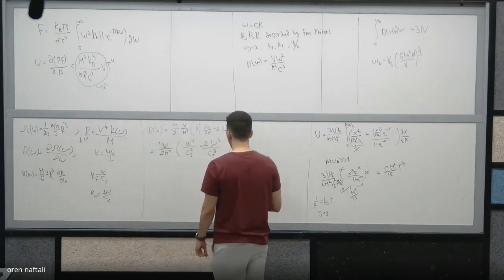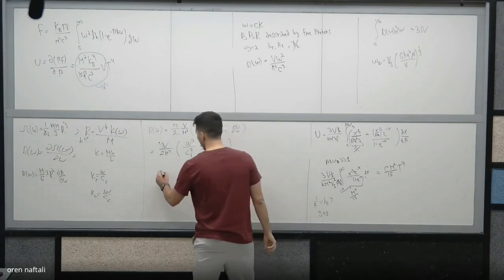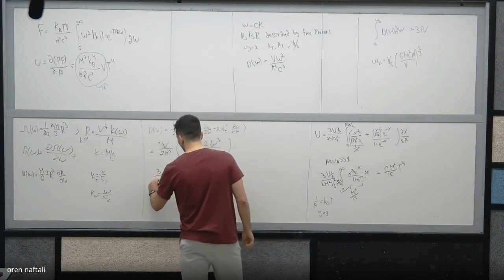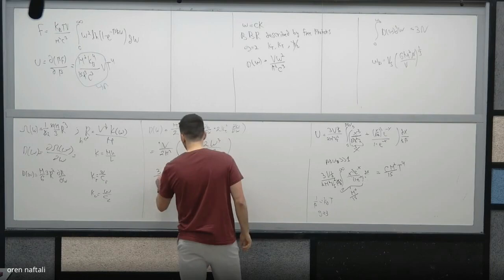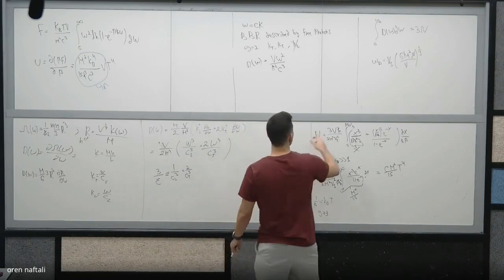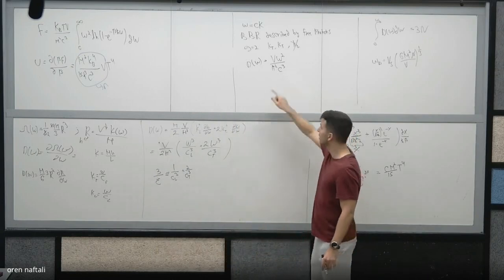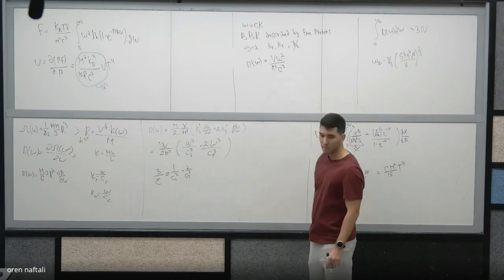And then we can just give some definition that 3 over c tilde cubed is by definition 1 over c_L cubed plus 2 over c_T cubed. And then we just get this density of states. Okay? It's the same. You see?